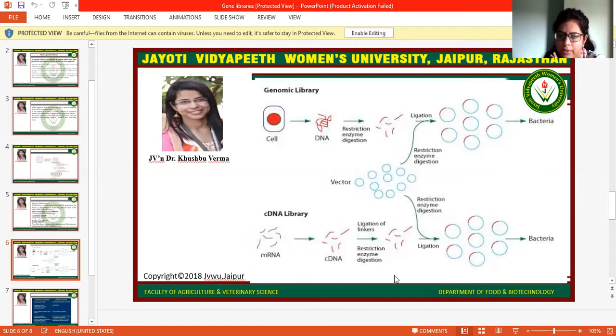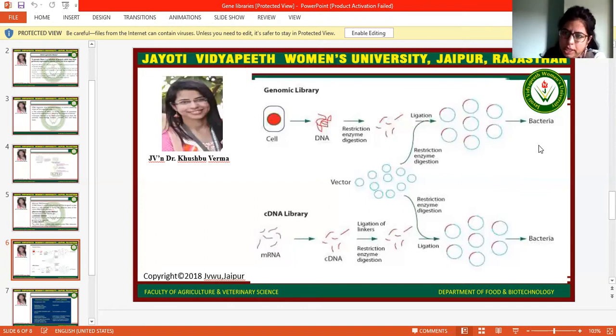Now we have the processed cDNA fragments with restriction-digested linker sites. Then we take the vectors and ligate the cDNA molecules into the vector, and we get the recombinant vector. Further it is transformed into bacteria and then we can multiply.